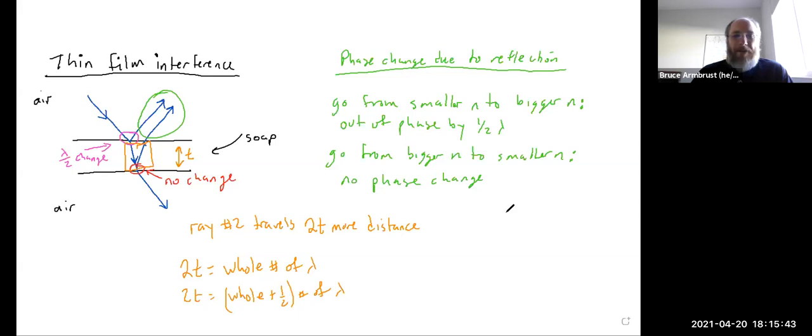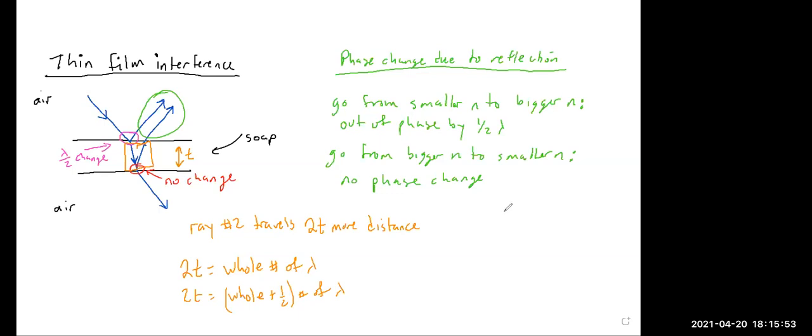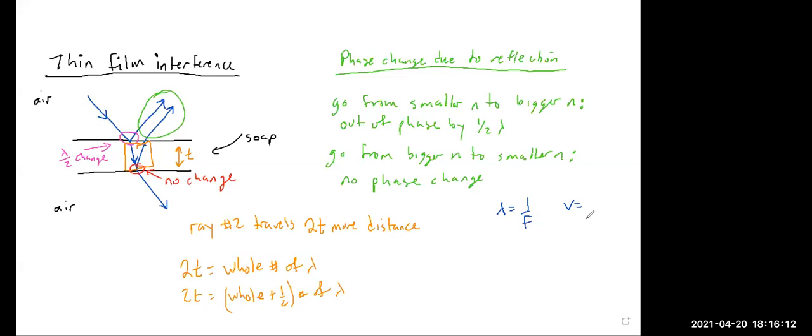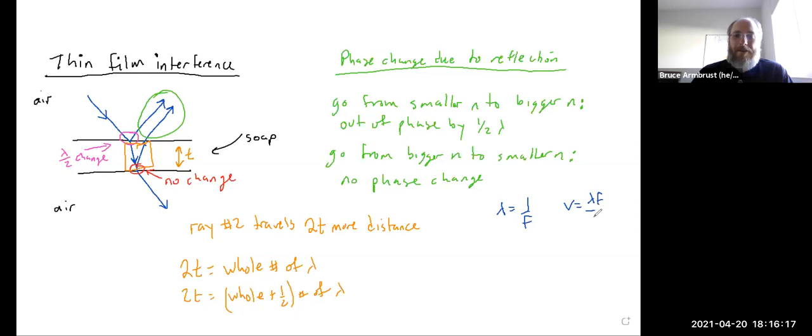Remember how you get wavelength from frequency and all that good stuff? Lambda is 1 over frequency, right? And how does that relate to the speed of the wave? It's wavelength times frequency.